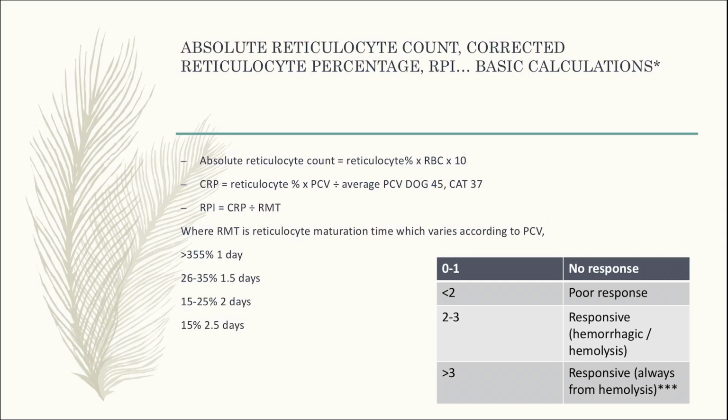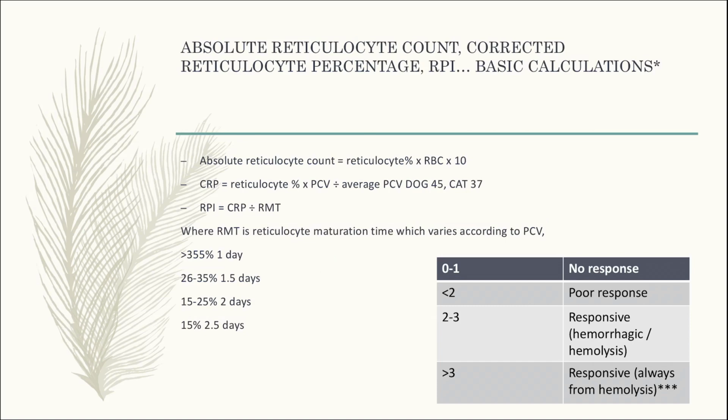You need to remember that reticulocyte maturation time is inversely proportional to the PCV. If the PCV is really low, then RMT will be longer. If the PCV is really high, then RMT will be shorter.